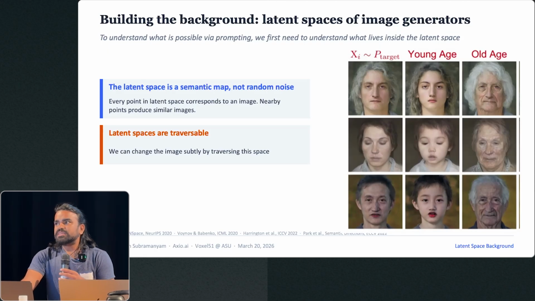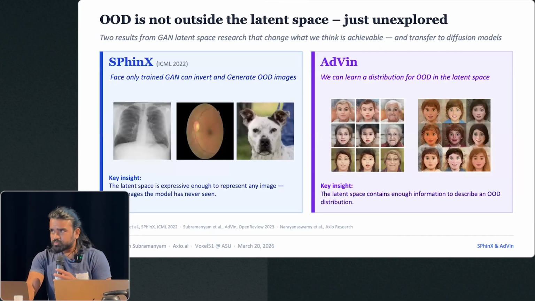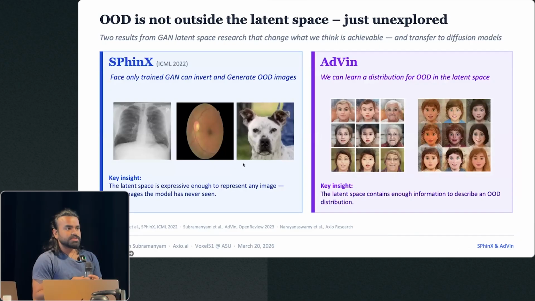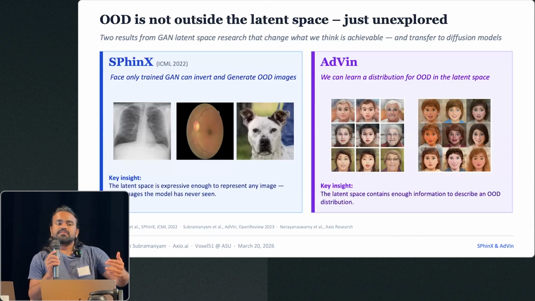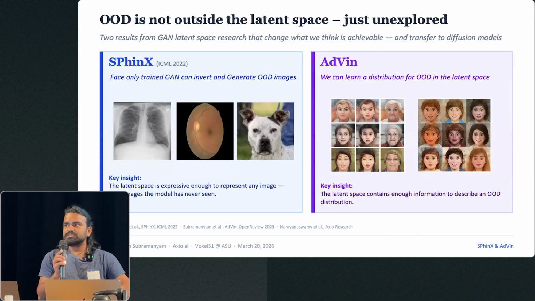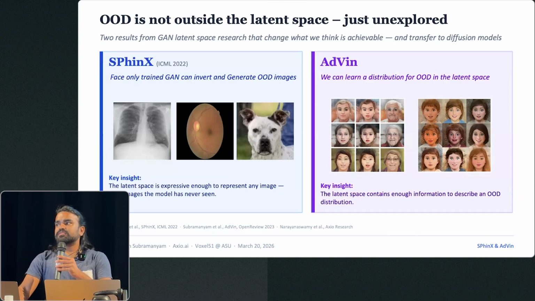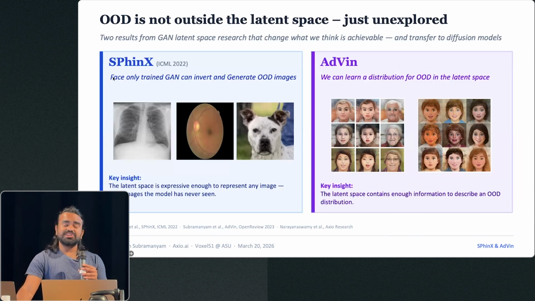But we started asking a few questions, like, a few of these works were also with Pawan's group, where we asked, what is the extent to which we can push that latent space? Can the latent space generate images, and invert images, that the training has never exposed it to? For example, if we have trained the image generative model with only human faces, can we invert and generate chest X-rays?